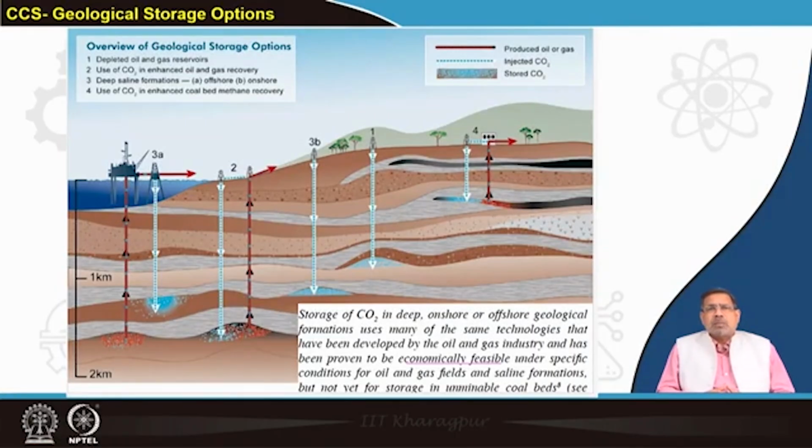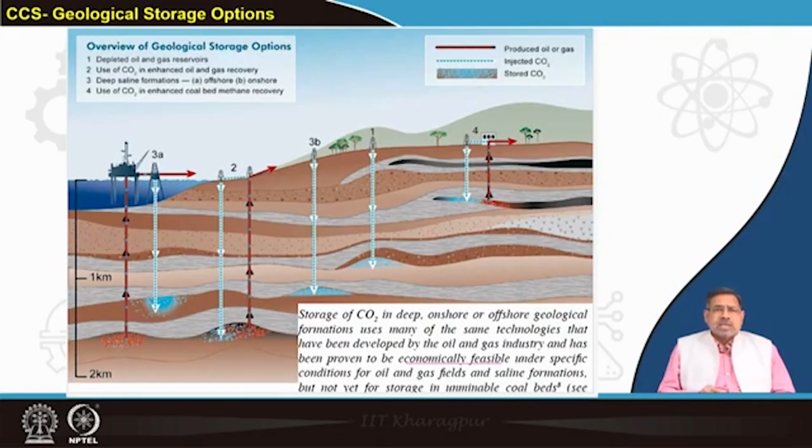So storage of carbon dioxide in deep onshore and offshore geological formations uses many of the same technologies that have been developed by the oil and gas industry and has been proven to be economically feasible under specific conditions for oil and gas fields and also for saline formations. You see, number 2 is use of carbon dioxide in enhanced oil and gas recovery.